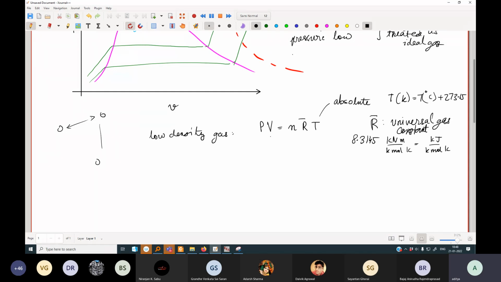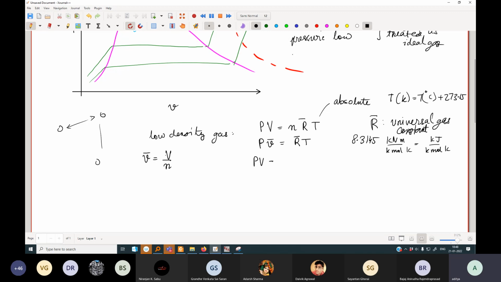So now what we can do with this is, we can write this as PV bar equal to R bar T, where V bar is the specific volume on a molar basis.